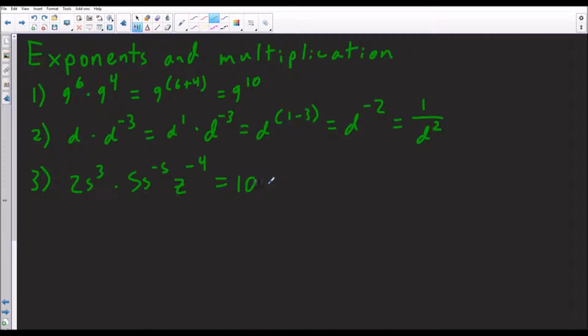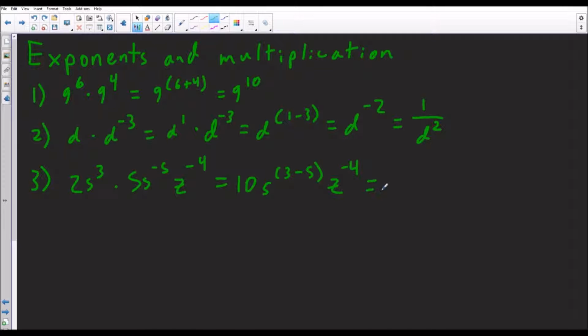And then we look at the s's. So it's s cubed and s to the negative 5. So all we do is add the exponents together. So we have 3 minus 5, just like we did up here in the more simple looking questions. And then we look at the next term, which is z. And there isn't a z in the first thing, so we can just write z to the exponent negative 4.